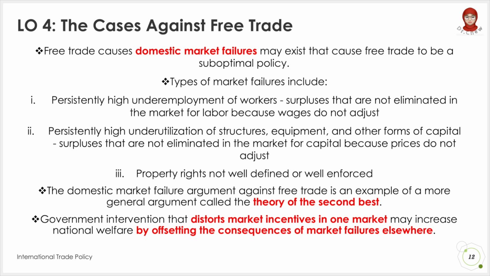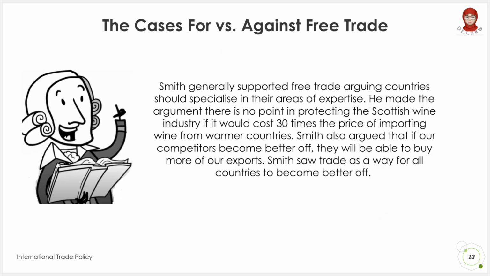So, we can see that the cases for and against free trade are like a coin with two sides, and it is a never-ending argument. The father of economics, Adam Smith, generally supported free trade, arguing that countries should specialize in their area of expertise. Smith saw trade as a way for all countries to become better off.